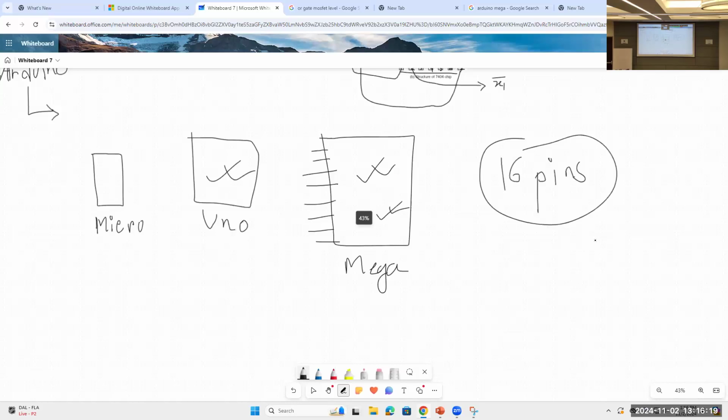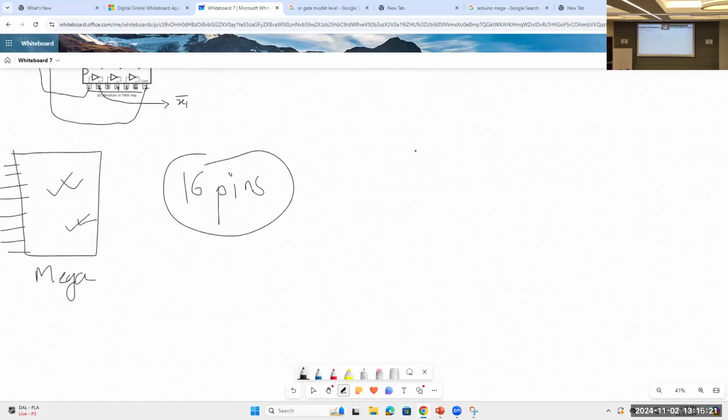So we will be dealing with photodiodes. Has anyone heard about a photodiode? It's a sensor. What does photo mean? Light, exactly. So it will sense light.